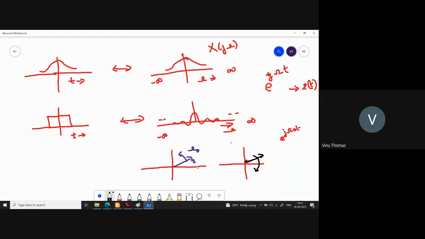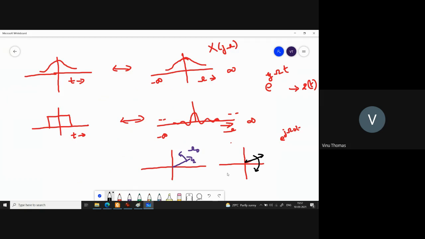Here it increases in the positive direction. The angle, which is omega 0 t, increases from 0 to 90 to 180 to 270 to 360. Whereas here the angle increases in the negative direction from 0 to minus 90 to minus 180 to minus 270 to minus 360, etc.